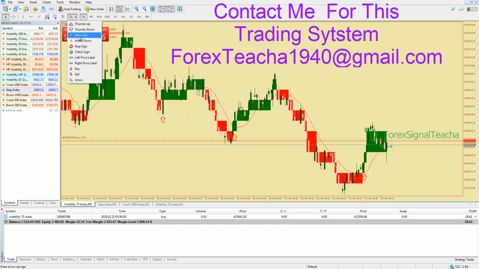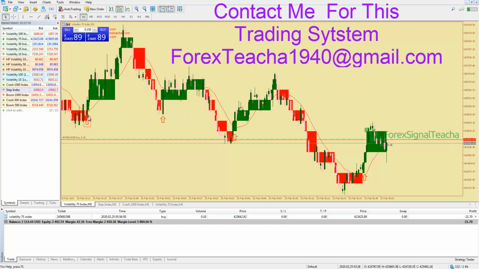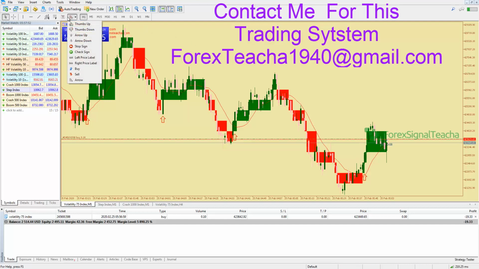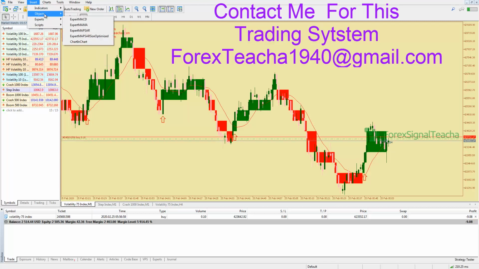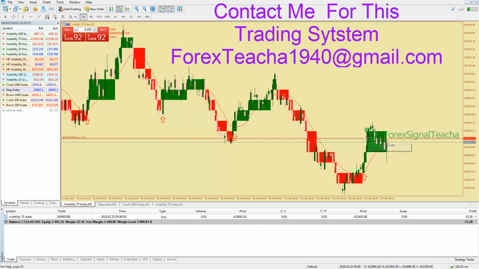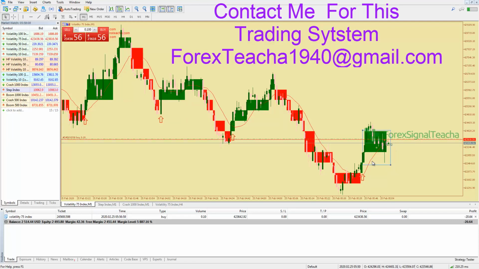So far I've taken one trade just now, just to show you how the system works, but I don't recommend entering the trade when it has already moved this much, because in most cases you find it has already moved all this way going up.